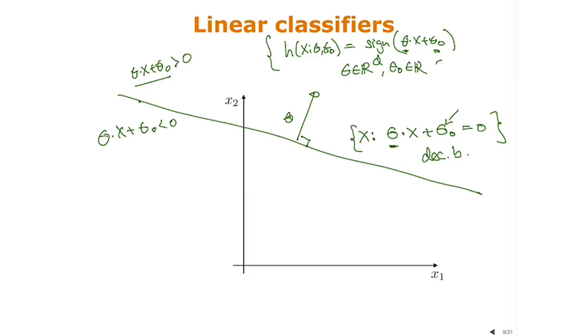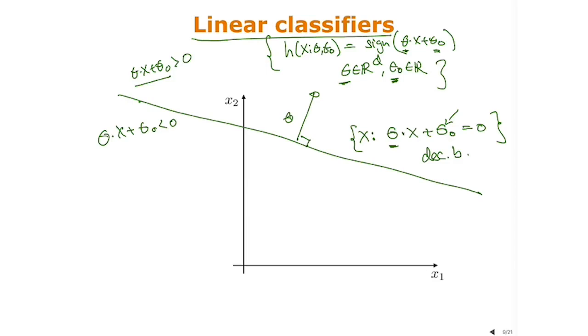So this is now the set of linear classifiers. Okay, so when we look for a linear classifier, we try to find parameters theta and theta naught on the basis of the training set, and we want to select those parameters in such a way that the classifier makes correct decisions.